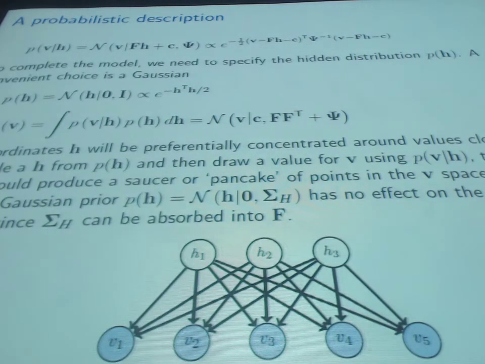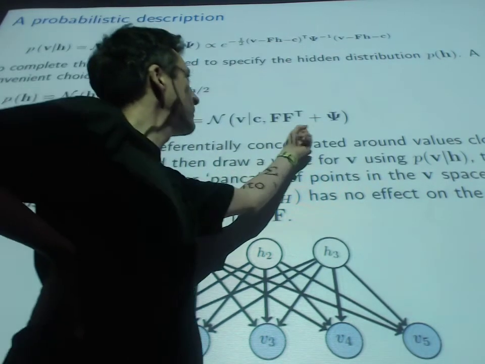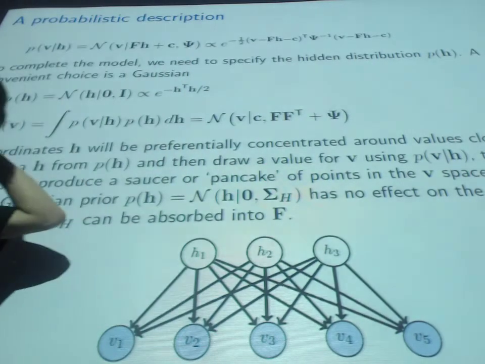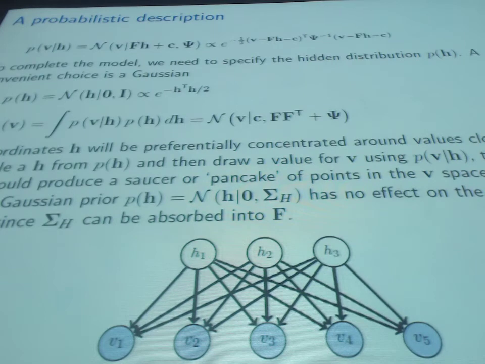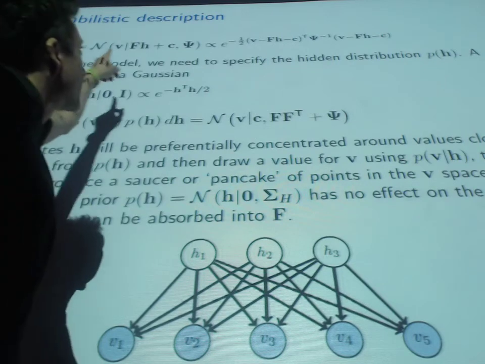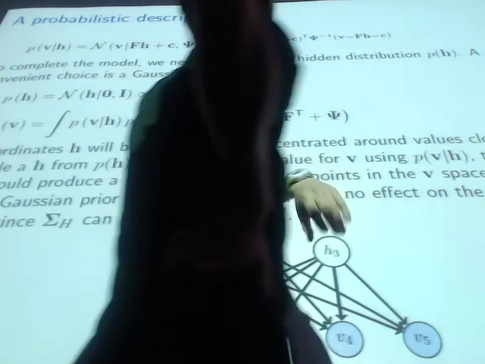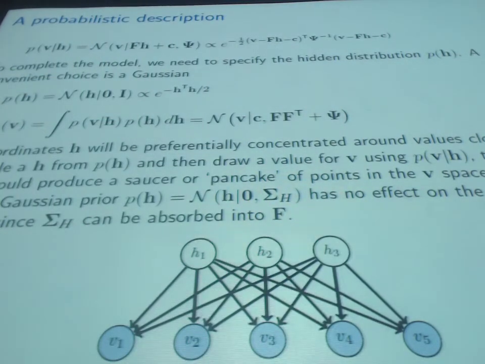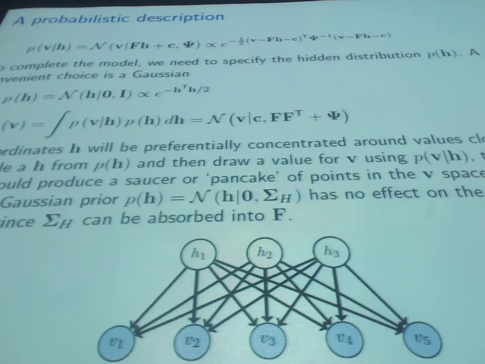Now, how did I get this formula? One way I could do this, I could say, well, I know what P of V given H is, this thing, e to the minus blah blah blah, over the determinant of psi to the power half of 2 pi here and there.